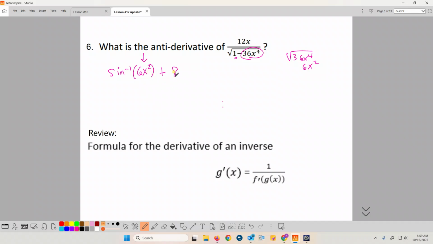If I were to add 8 to this, and I asked you, let's derive this, we know that the derivative of this inverse sine is this guy here. But what's the derivative of 8? Isn't that just going to be 0? So there could have very well been an 8 at the end of that, right? Or what if I were to ask you to do, I don't know, let's go with like -2. Isn't the derivative of -2 also 0?